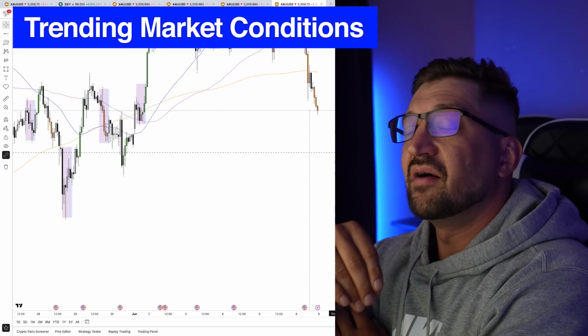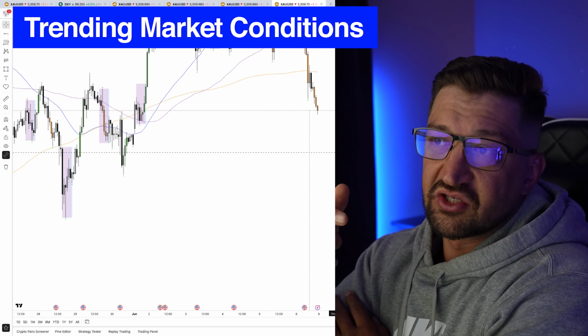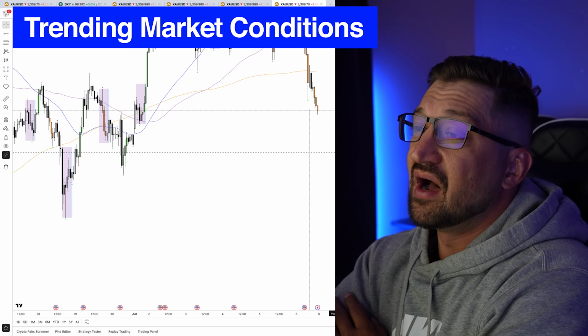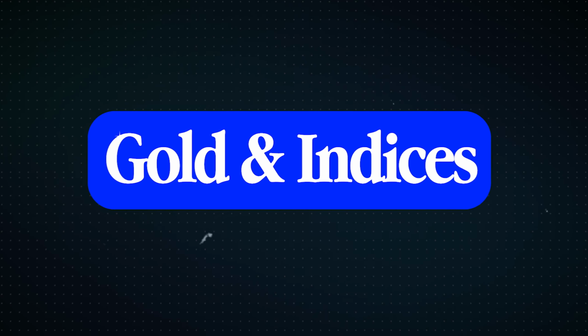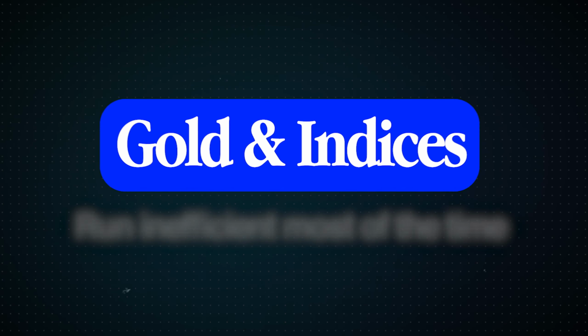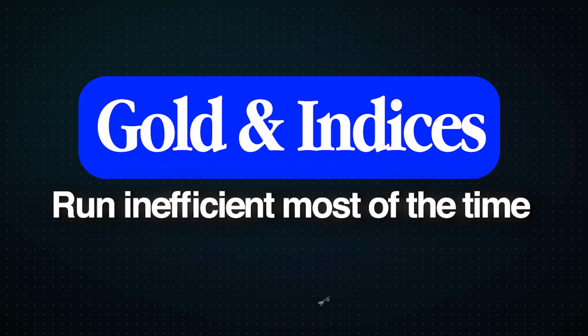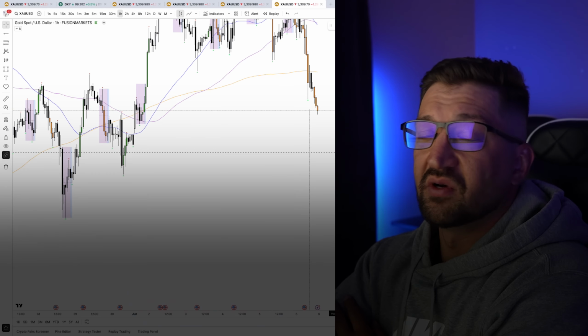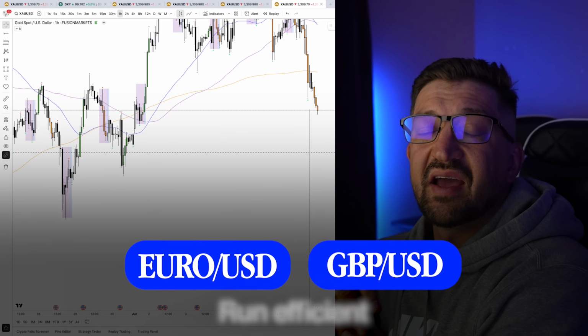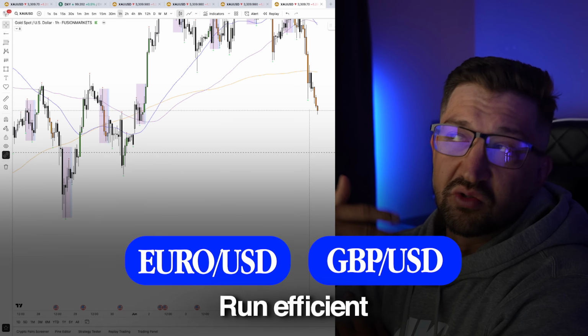And then we have trending market conditions. With that, we have trending efficient and trending inefficient. When we're talking about gold and indices, they run inefficient most of the time. They don't gain efficiency all the time. When we're talking about pairs like Euro USD and GBP USD, they actually run efficient most of the time.